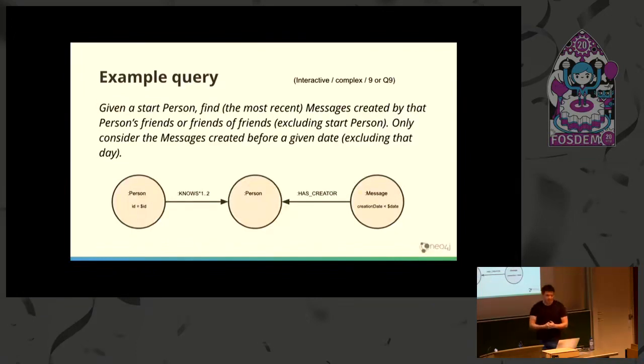In this example, it's query 9 from the interactive complex category. Given a start person, you are looking for messages created by friends of that person or friends of friends. The messages have some filtering criteria: they have to be created before a given date. So this query traverses quite a big portion of that graph.